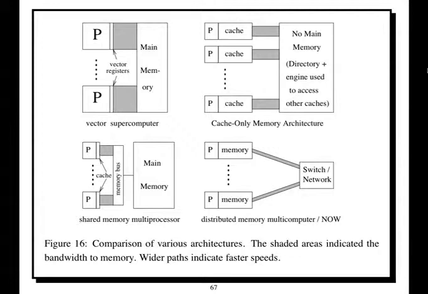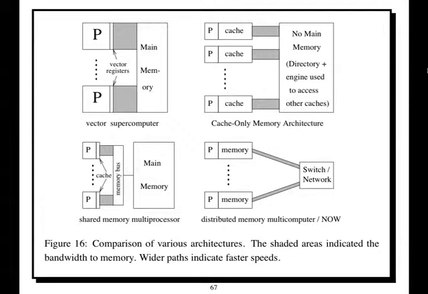And here's the shared memory multiprocessor, which you can now easily compare and contrast with these other two architectures. And I put up another one here just because it was a very good idea, something John Hennessy worked on for many years. It's a cache-only memory architecture, so-called COMA.